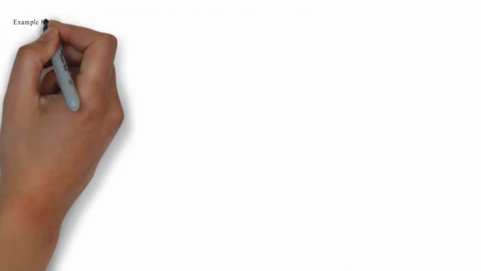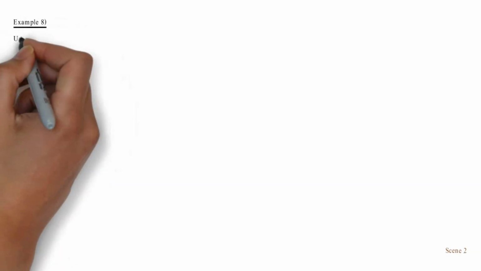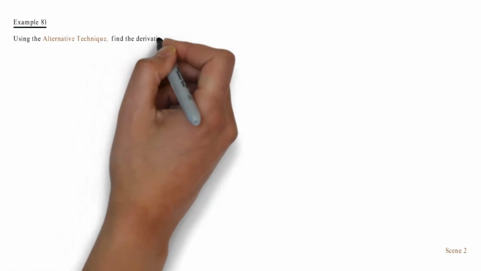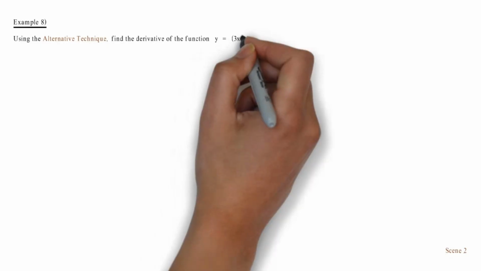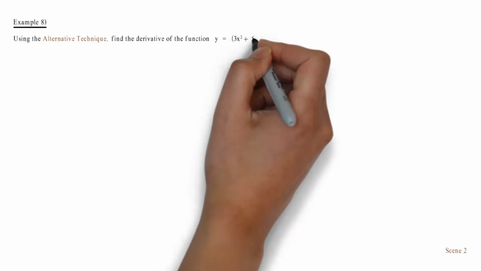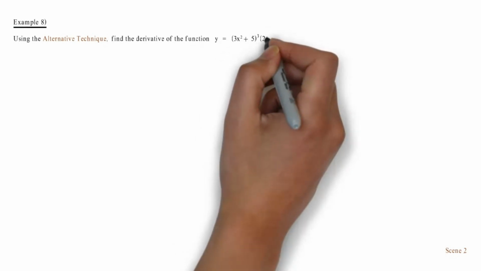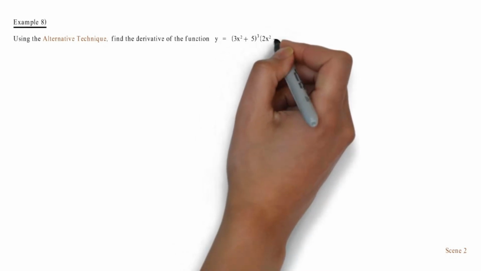Example 8. Using the alternative technique, find the derivative of the function y equals (3x squared plus 5) all cubed times (2x squared minus 3x plus 7) to the fifth.